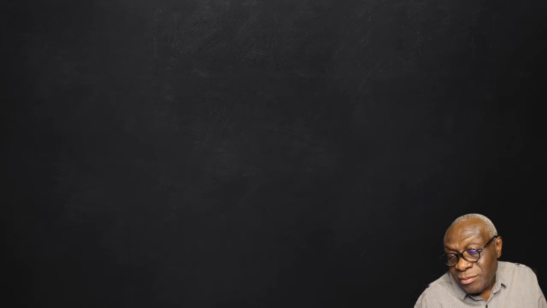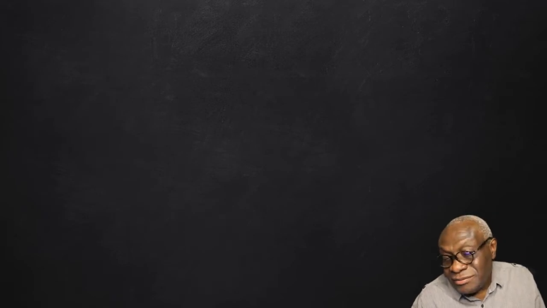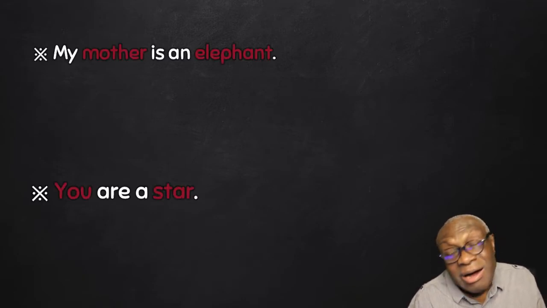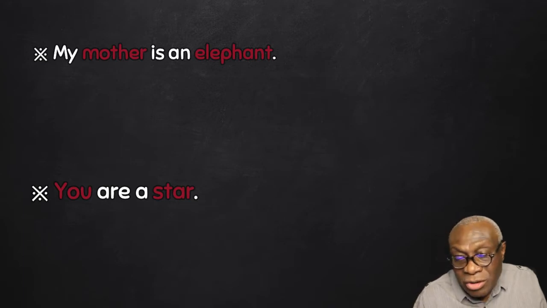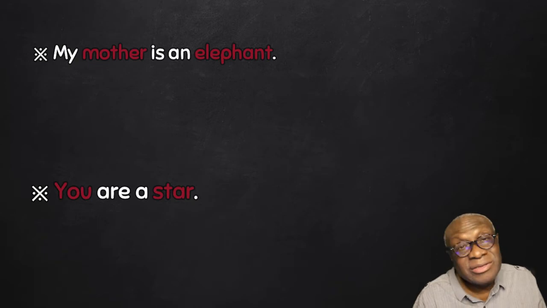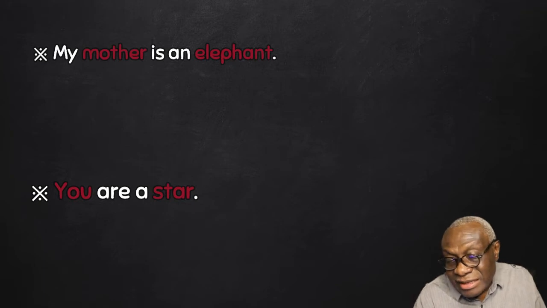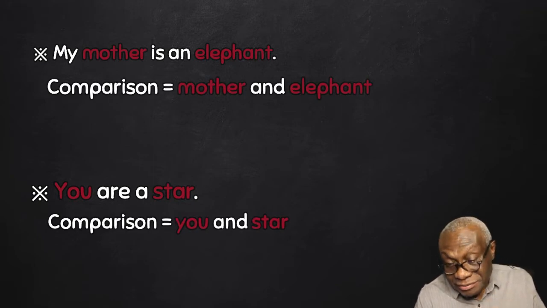Now, in the last lesson, we saw these two sentences: my mother is an elephant and you are a star. We talked extensively about these. I hope you still remember. If you don't, please go back and listen to the lesson again. In my mother is an elephant, we saw a comparison.